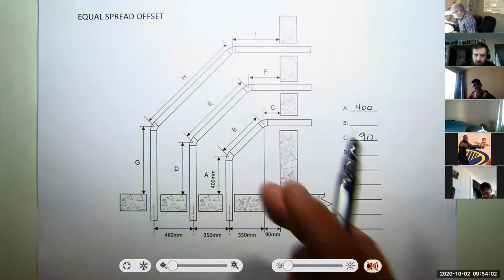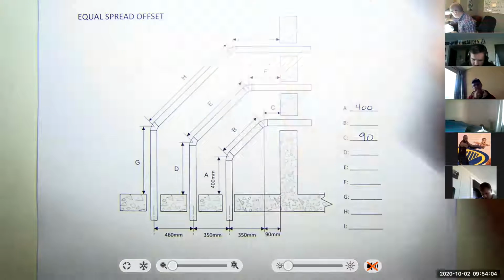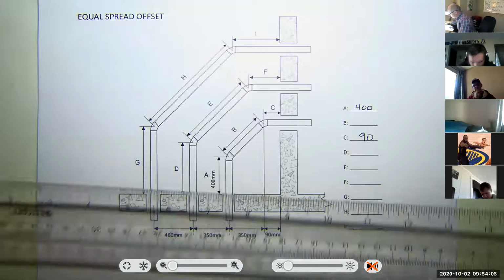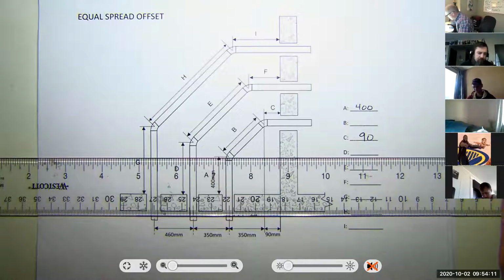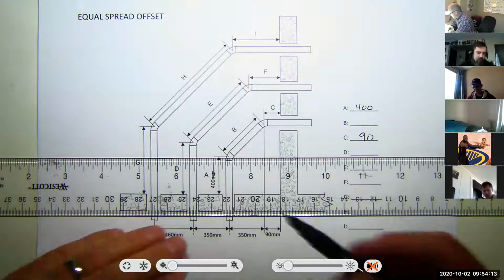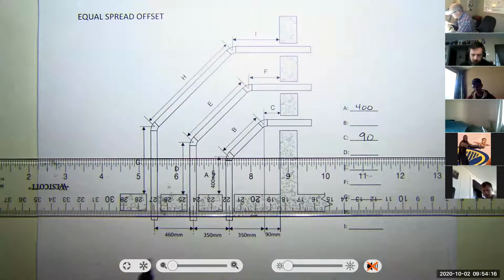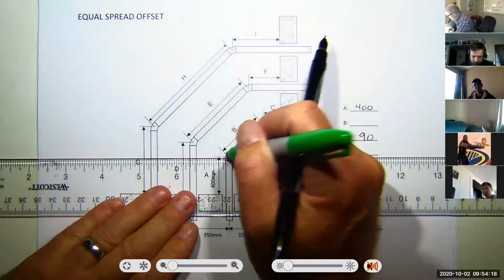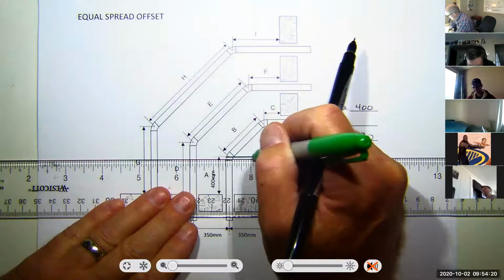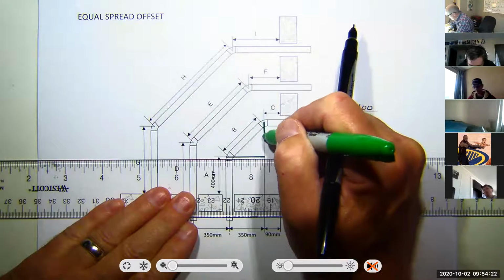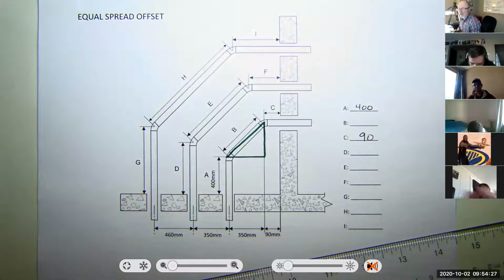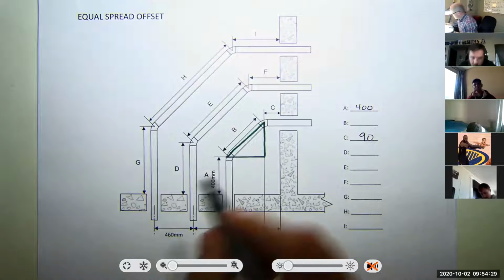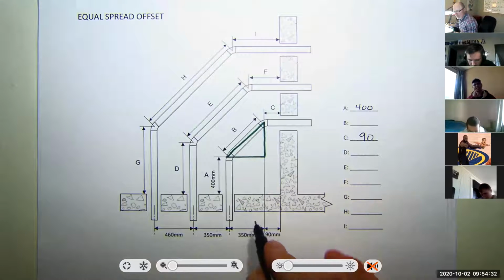Okay, so what I'm going to do to start this is, first off, solve for B. So I'm going to draw a right angle triangle right here. Everybody see my right angle triangle? Okay, so look down here. It says 350 mils is this line.